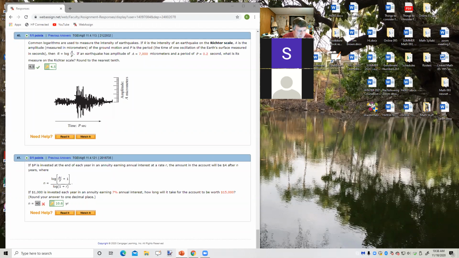If $1,000 is invested each year, so P would be $1,000, in an annuity earning 7% annual interest, so R is 7% or 0.07. How long will it take for the account, and N is the unknown, to be worth $15,000? And A would be the total amount at the end.